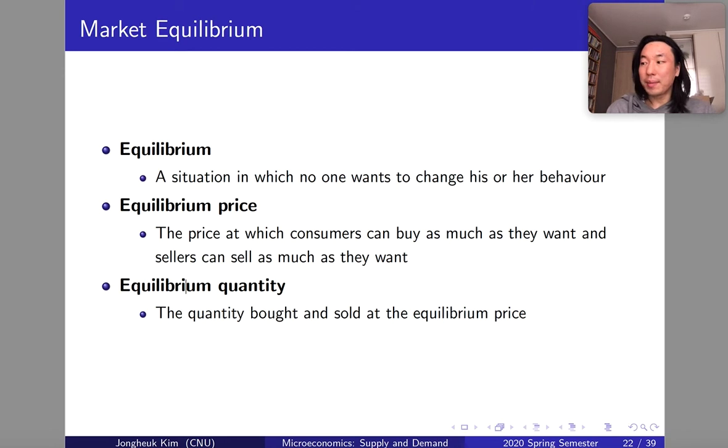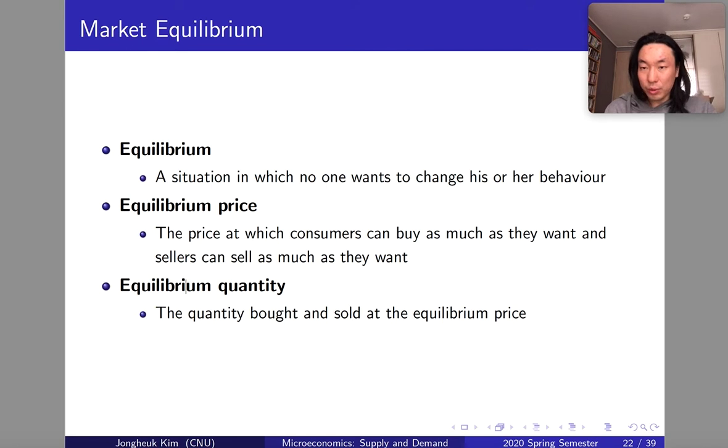So I will try to go a little bit quicker in some parts of this chapter and the next to reach the first real chapter of microeconomic theory, which will be chapter 4.